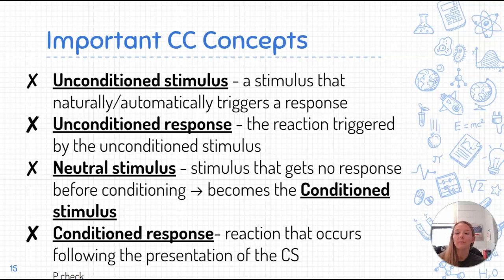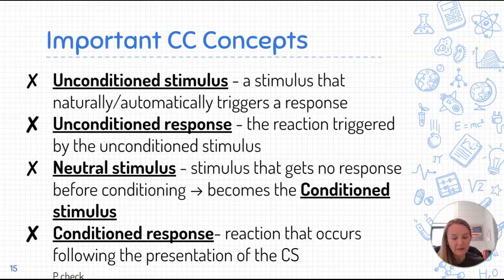The second thing, our unconditioned response, is the reaction that occurs naturally to the unconditioned stimulus. Unconditioned just means natural. There is no learning. It is the thing that automatically occurs.